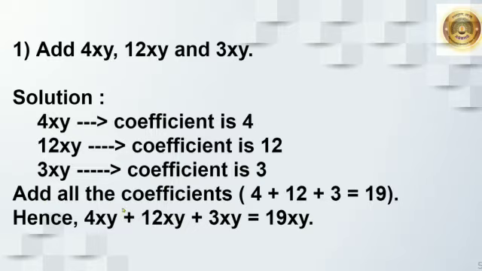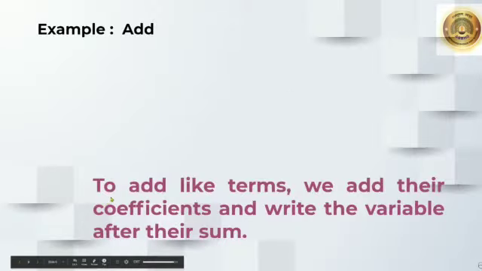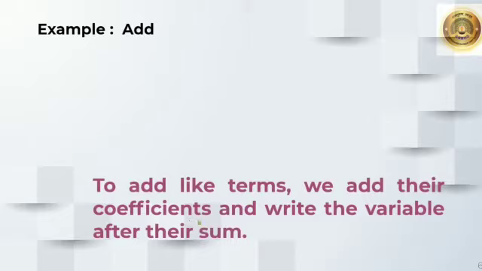So first we have to add all the coefficients. That is 4 plus 12 plus 3, how much? 19. So we will get the sum of 4xy plus 12xy plus 3xy as 19xy. So keep in mind, to add like terms, we add their coefficients and write the variable after their sum.